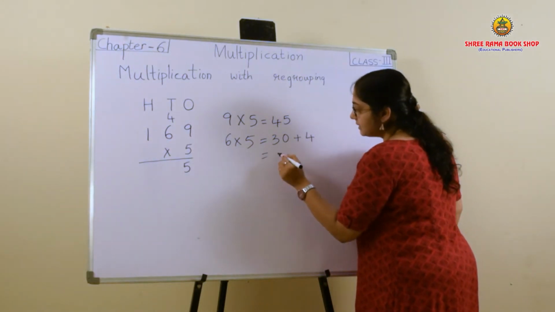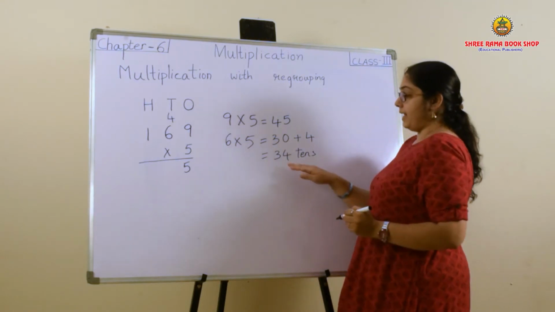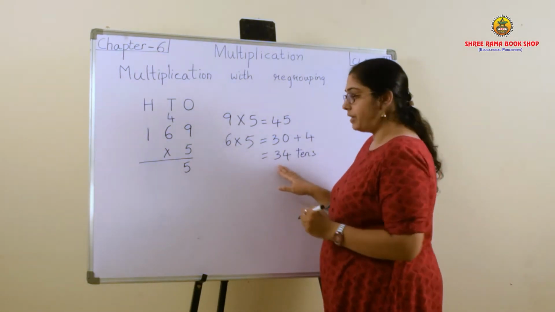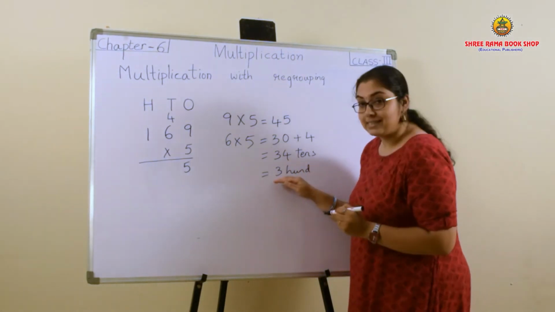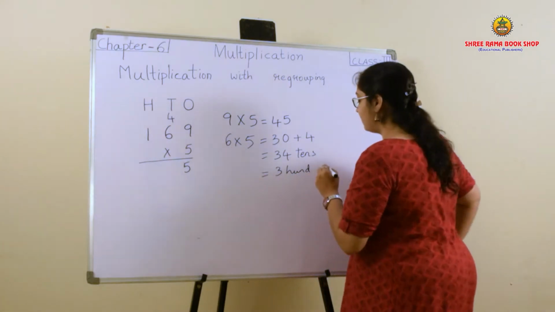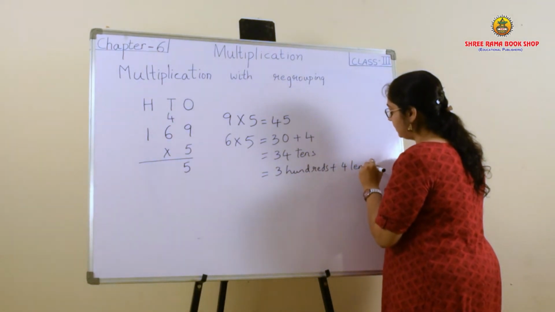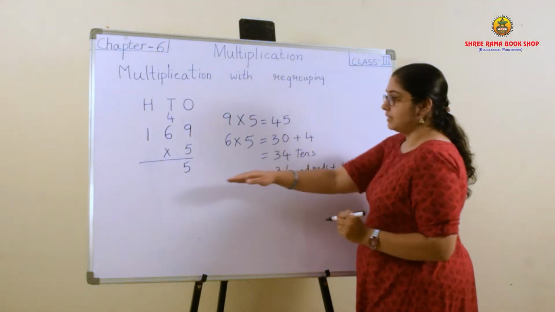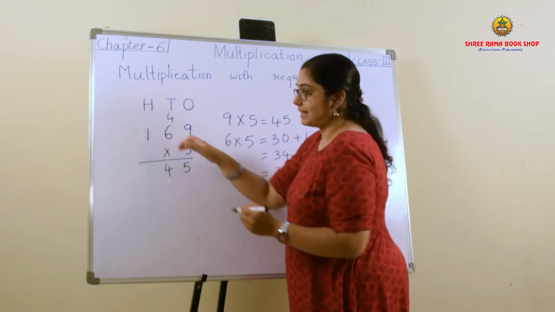The answer is 34 tens. And this 34 tens can also be written as 3 hundreds because I will be carrying this 3 to the hundreds place. So 3 hundreds plus 4 tens. So I will be writing this 4 in the tens place and 3 in the hundreds place as carry.